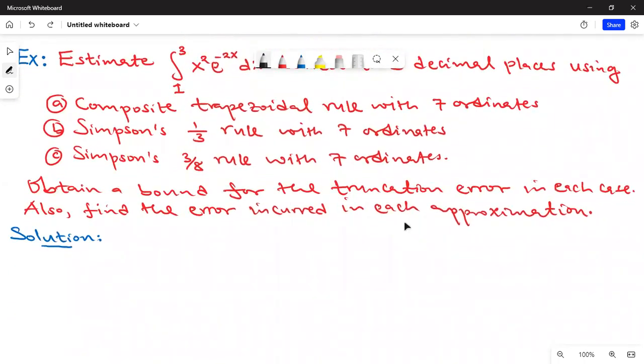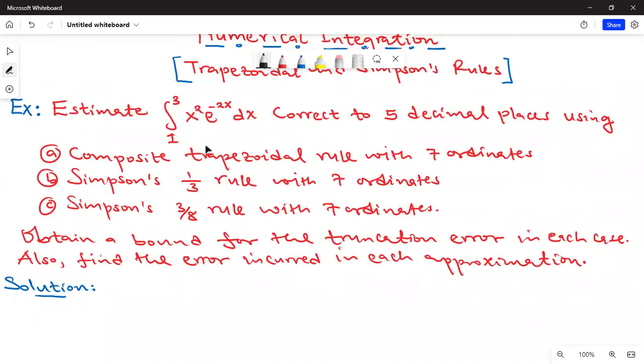So, if you look at the given integral, our a is 1, our b is 3, our f of x is x squared exponential negative 2x.